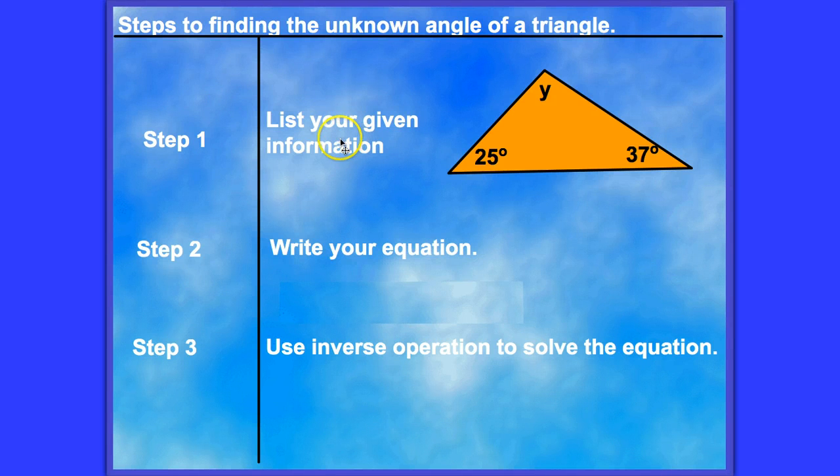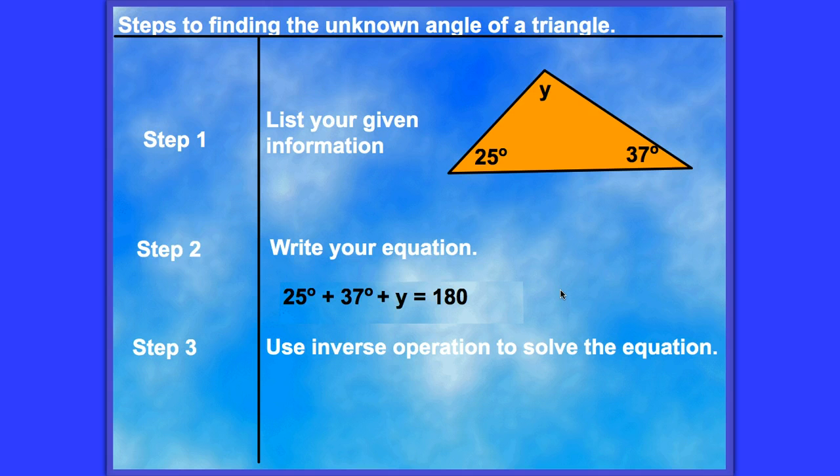Okay, now listing your information, you all had that you've got two angles. One is 25 degrees, one is 37 degrees, and you've got an unknown. And when you were writing your equation, there were variations on this. Some of you had 180 degrees on the left side of your equal sign, and then your angles and your missing angle on the right-hand side.